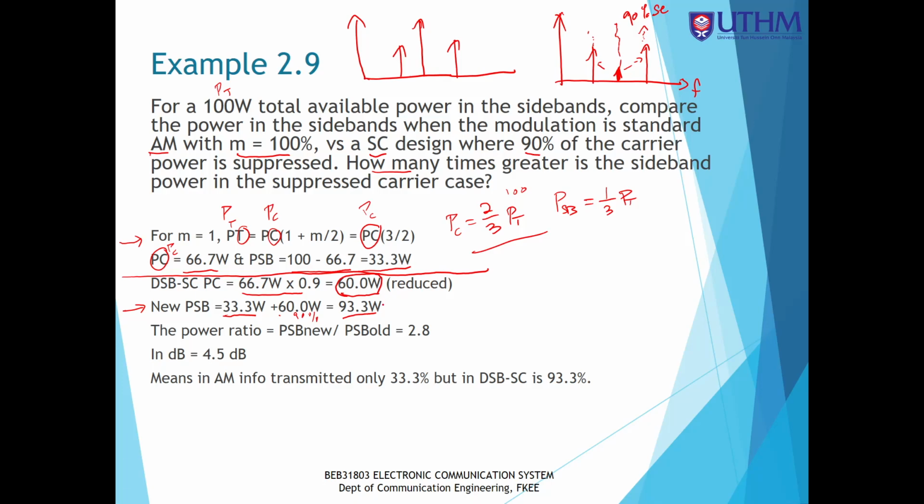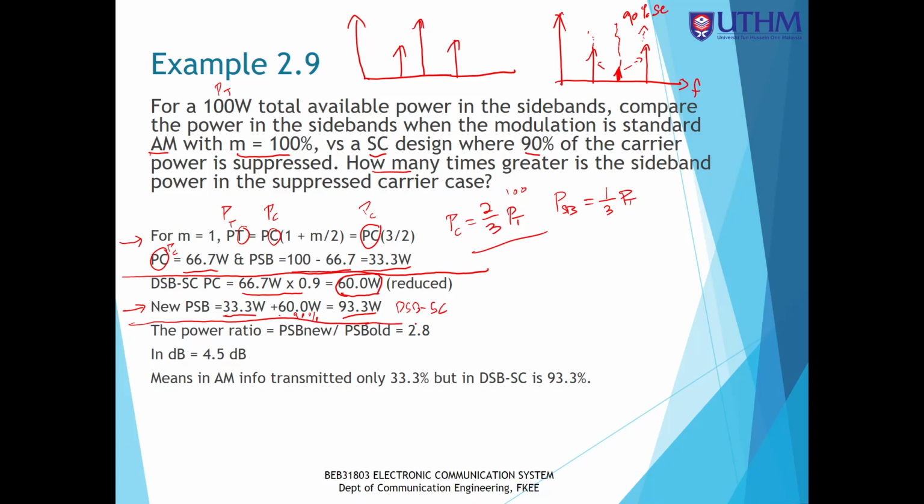So you see that here the sideband power in the suppressed carrier is higher compared to the sideband power in the full carrier. So this is the comparison.